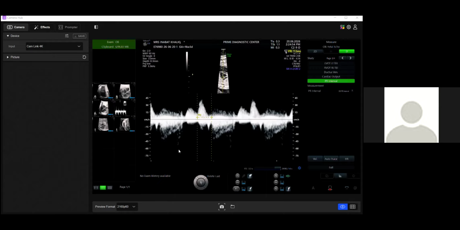We hope that complete heart block takes time from the PR interval prolongation to its development. It doesn't happen suddenly, but then we monitor the PR interval, and when there is a prolongation of the PR interval, then we give steroids. At this point, when the pregnancy is there, HCQ, hydroxychloroquine, does not help.